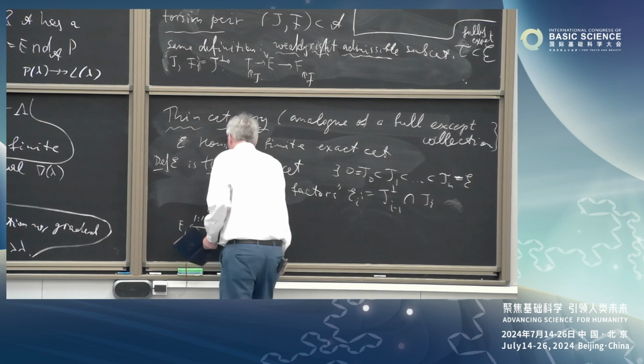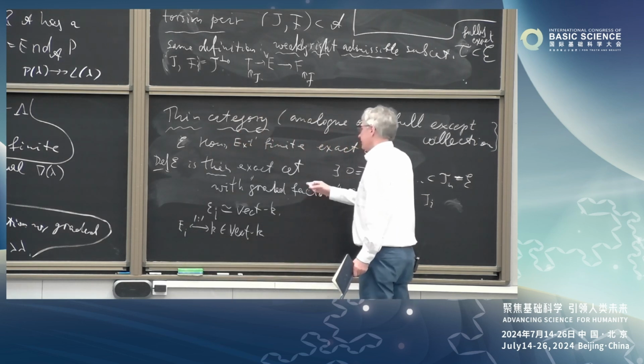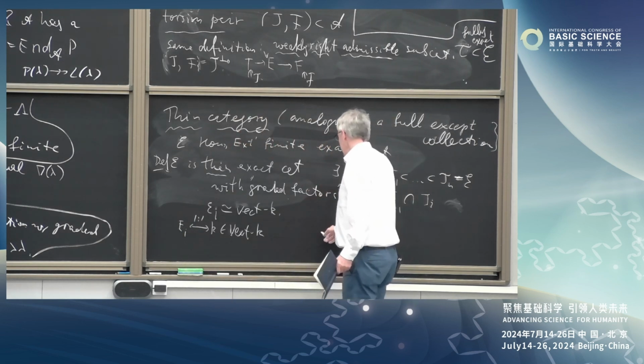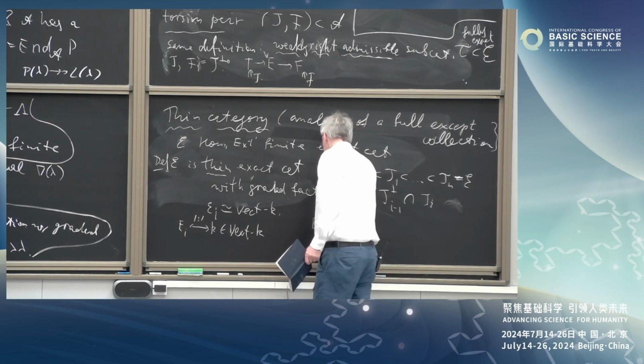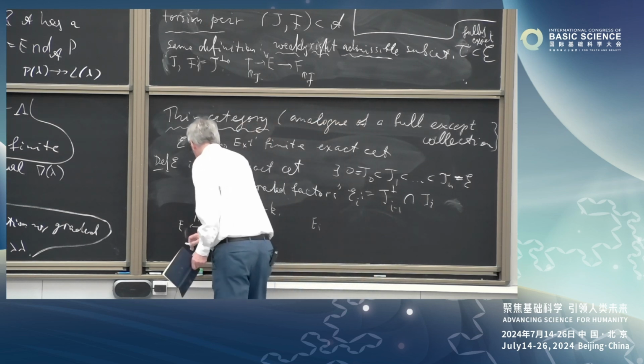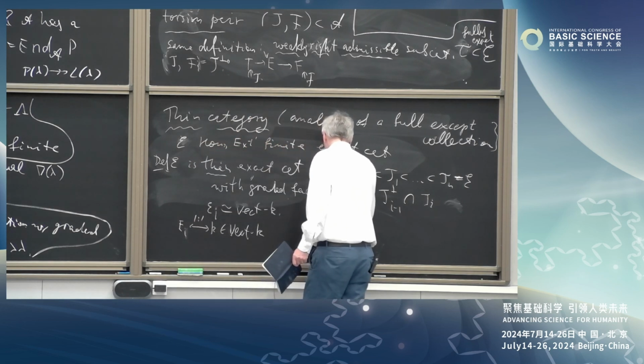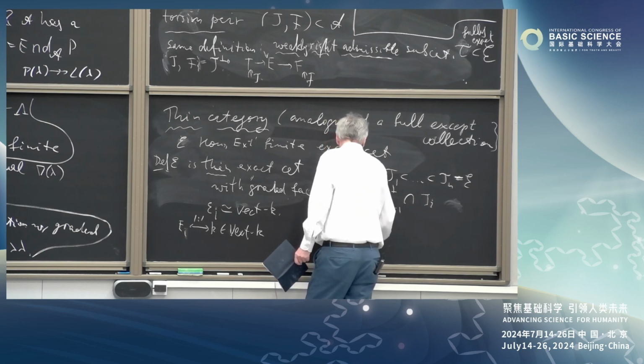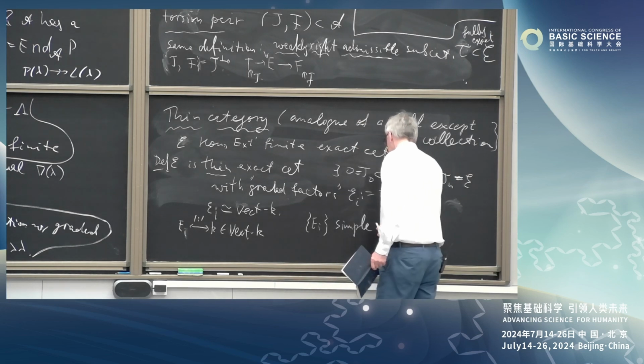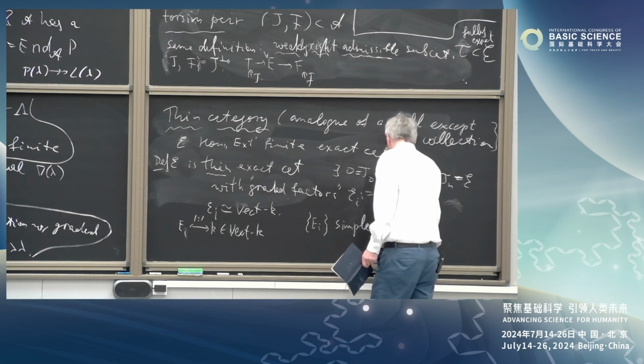One can show that if you have such a filtration, then the E_i are the only simple objects. E_i is the set of all simple objects, up to isomorphism, of course.